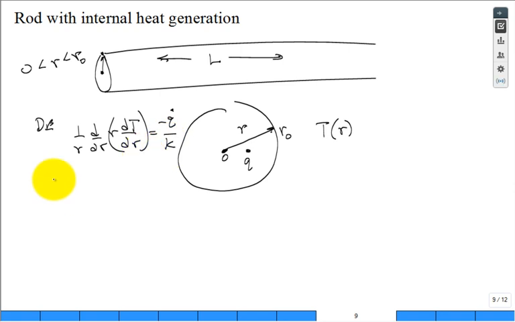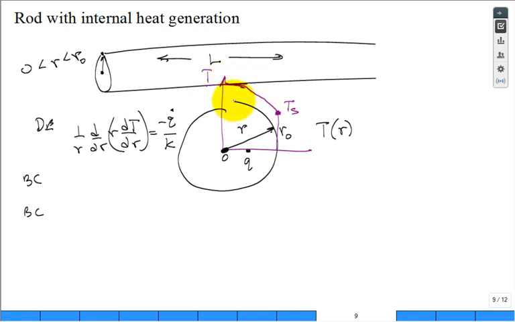I need two boundary conditions. One will come at the location R equal to 0. Maybe I plot it like this. I show it like this and this. This is my temperature. If I come out here, this is my TS. Where is my maximum going to be?